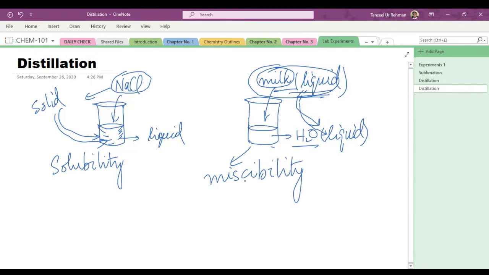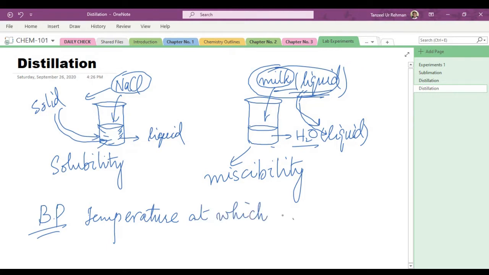Now question is, what is boiling point? Boiling point is the temperature at which a liquid starts boiling.